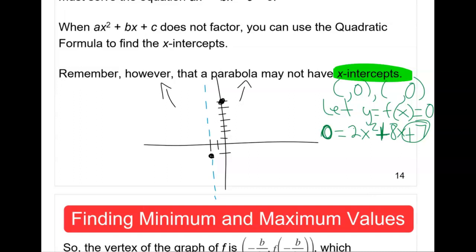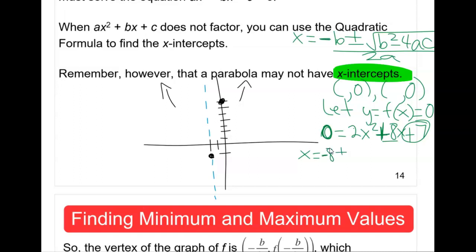And the quadratic formula is the one that looks like this: negative b plus minus the square root of b squared minus 4ac, over 2a. And so to do that, we will have x is equal to b is positive 8, but the formula requires a negative 8, so we have to include that there.